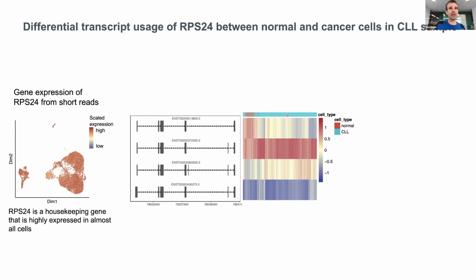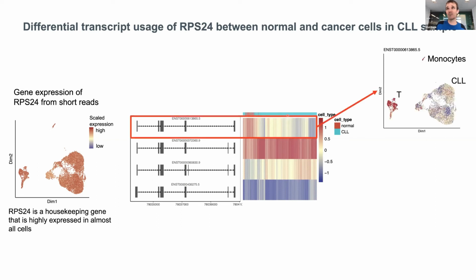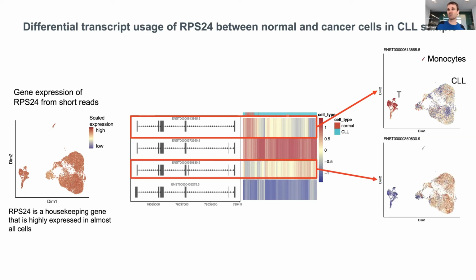So if we overlay this information on the same UMAP, you can see a very interesting pattern here. For example, this first isoform is very highly expressed in the normal cells, in T cells, in monocytes, and less so in CLL. The second one is pretty consistently expressed across all cells. And then the third one here, again, pretty interesting.